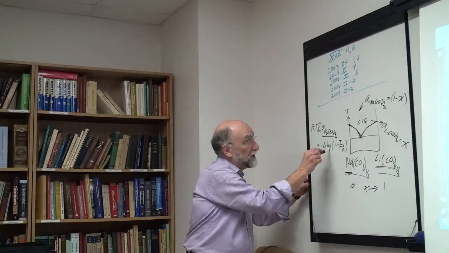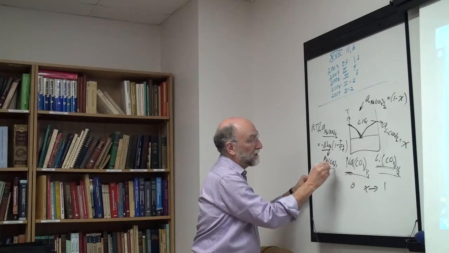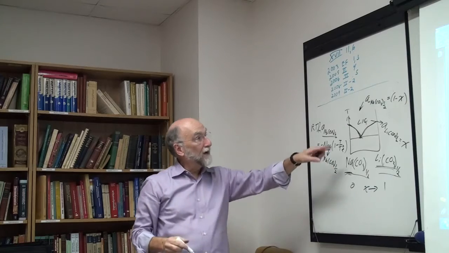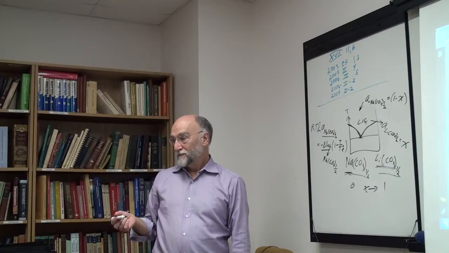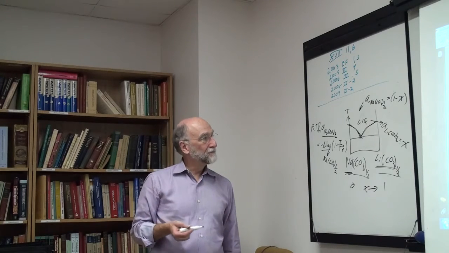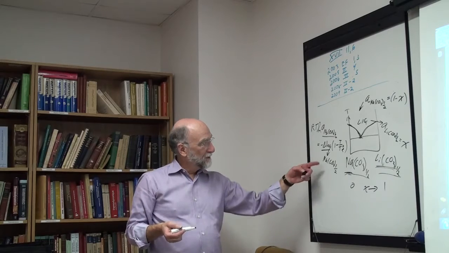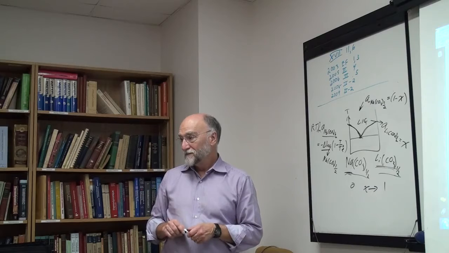The difference is this is the heat of fusion of NaCO3 1/2, which is 1/2 the heat of fusion of Na2CO3. If you don't do that, you get obviously a very wrong answer.